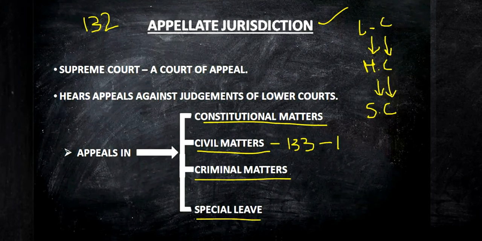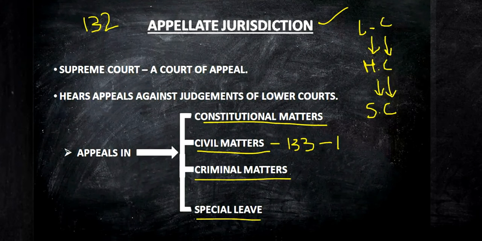So it has withdrawn that case from the lower court and the High Court has tried that case and finally it has sentenced that accused person to death. In such a case, the aggrieved person can move to the Supreme Court. So this is the way of appeal in criminal matters.